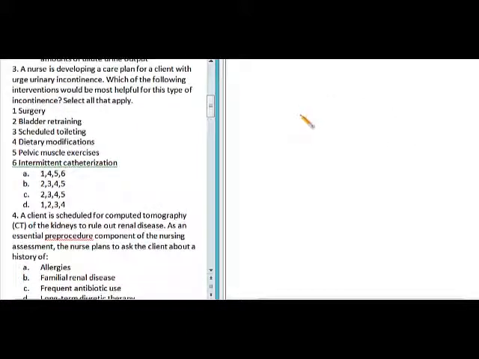Next, number 3. A nurse is developing a care plan for a client with urge incontinence. Which of the following interventions will be most helpful for this type of incontinence? So we're looking for interventions most helpful to a client who has urge incontinence.